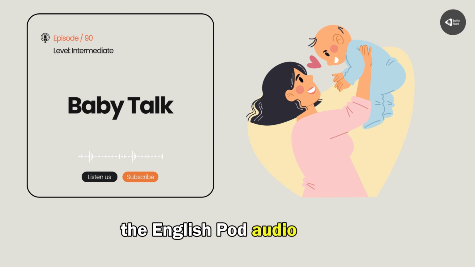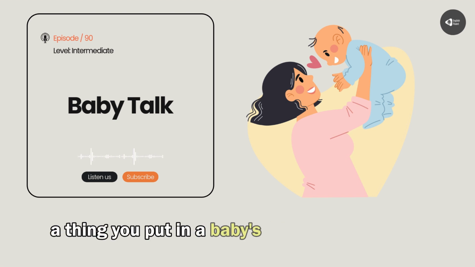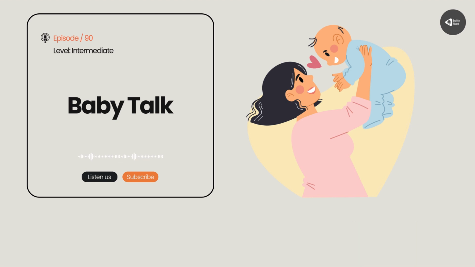The English Pod Audio Review. Listen to the meaning, then say the vocabulary word. Dinner. Din din. Bottle. Baba. Soother, pacifier. A thing you put in a baby's mouth for it to suck. Binky. A small injury, something that hurts. Boo boo.